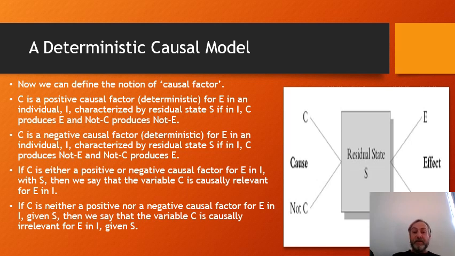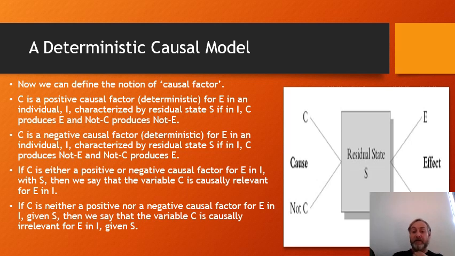Now, if it's neither? So sorry, I should be more precise there. If having the cause is neither positive nor negative, it doesn't reliably either cause or not cause the effect, then we can say it's causally irrelevant.